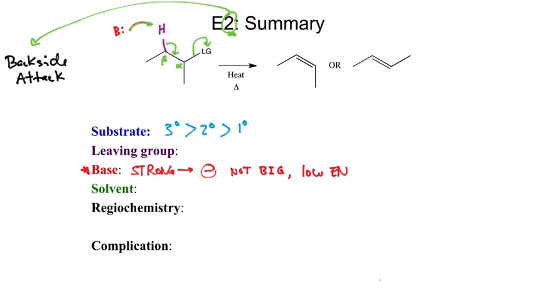Solvent. Yeah, solvent. The solvent for your E2s are insanely misleading. Okay? They're almost always polar protic, and that has to do with the base. Because the base that we add is almost always some negative oxygen. Okay? And because it's organic, we almost always throw on some organic chain. So we could say something like ethoxide.